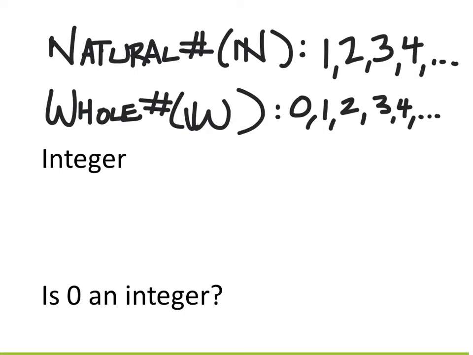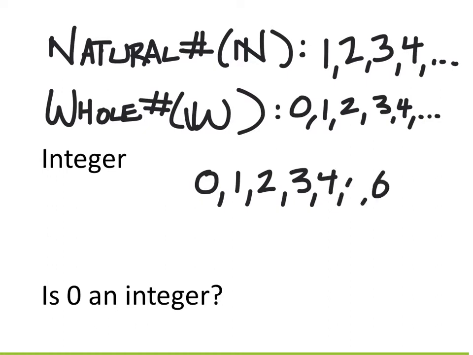Well, that brings us then to integers, which is kind of a different set of numbers, such as 0, 1, 2, 3. Yeah, I'm going to continue. 4, 5 as well. And this goes on forever as well, to the right.